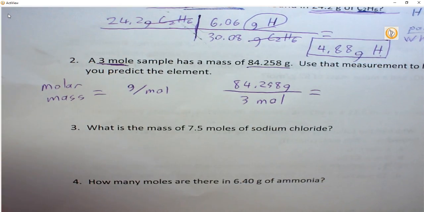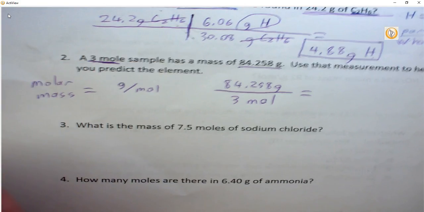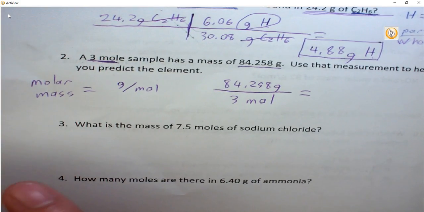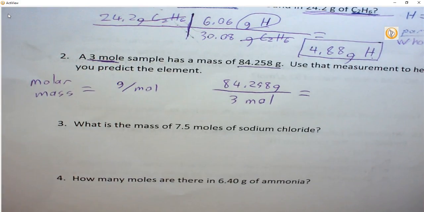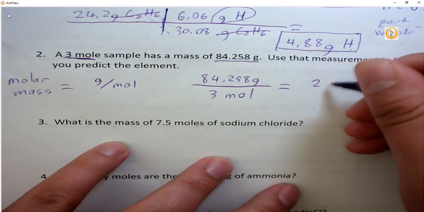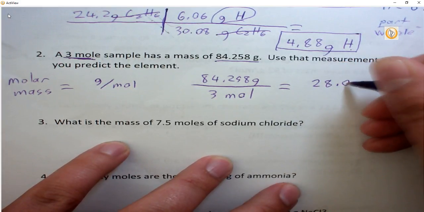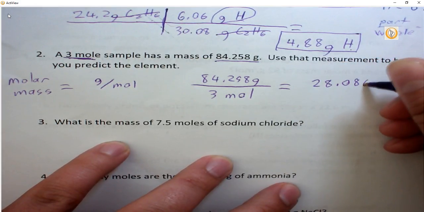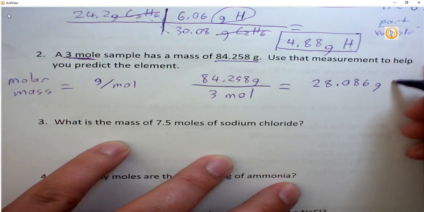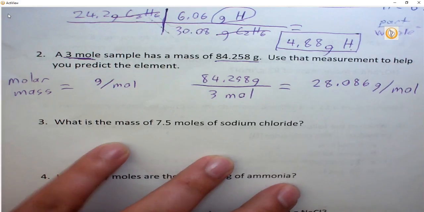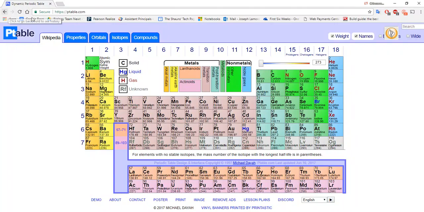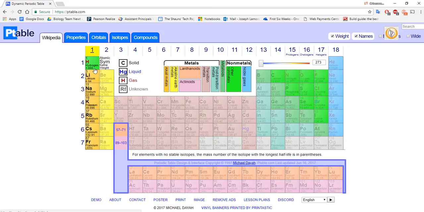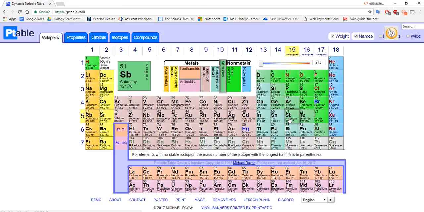When we type that in, we get a total of 28.086 grams per mole. Now all we need to do is find an element that has that same amount for its molar mass.